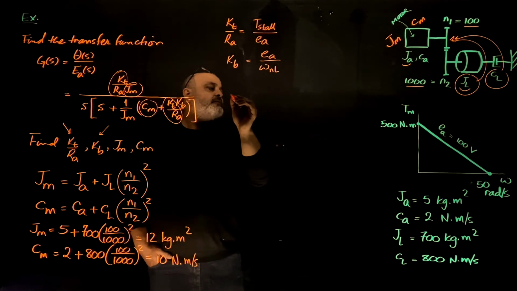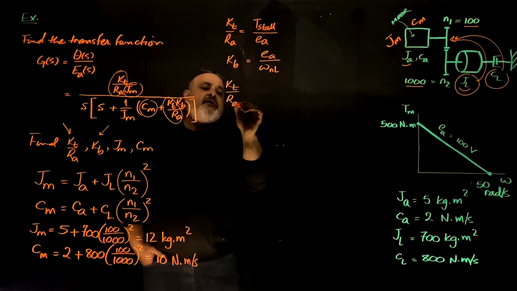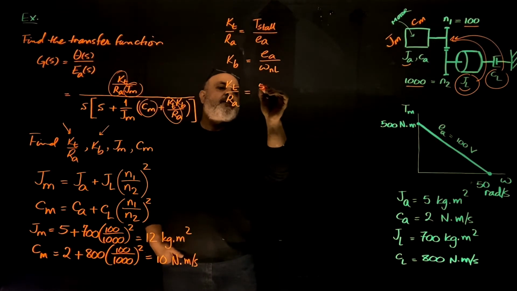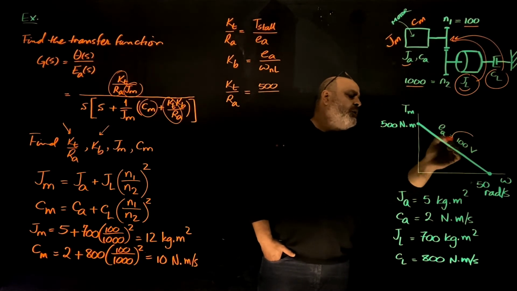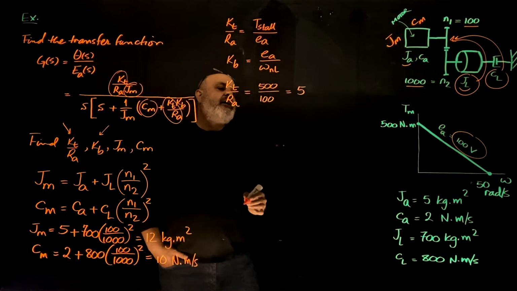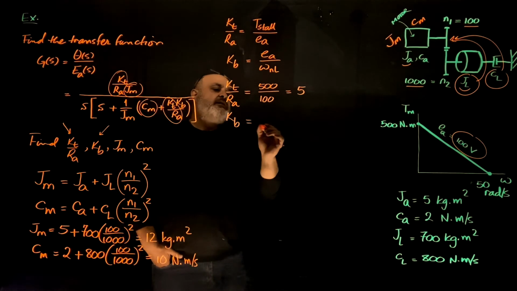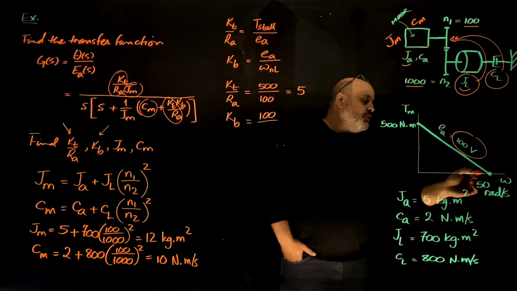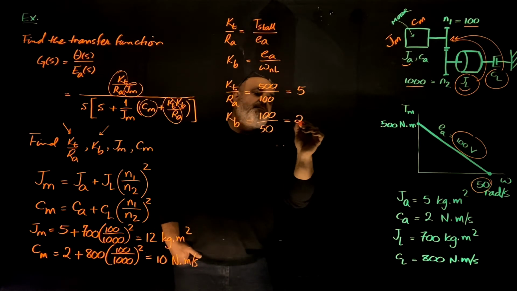So from this plot, KT divided by RA is the stall torque 500 divided by the test input voltage 100, and that's 5. KB is the test voltage 100 divided by omega no load 50, and that's 2.